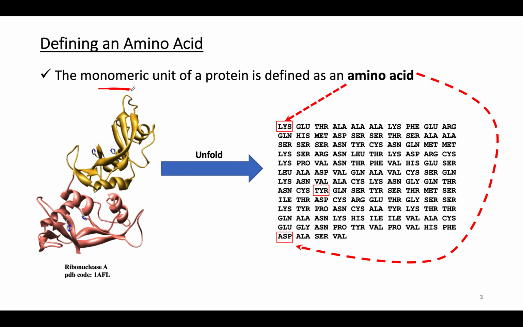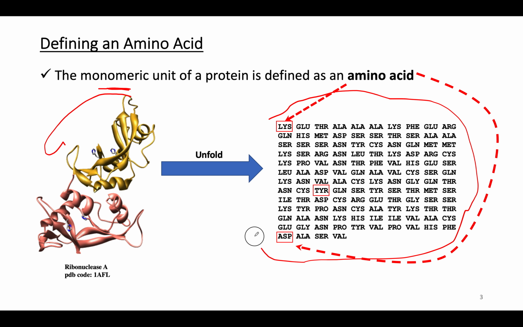Now, let us take an example. I have here taken an example of ribonuclease A, which is a protein that is present in our physiological environment. If you take this thread-like structure shown here and unfold it, that means the coils are unfolded, you will get a very signature sequence of amino acids shown in this part of the slide.